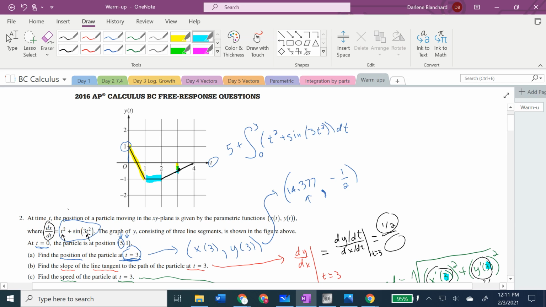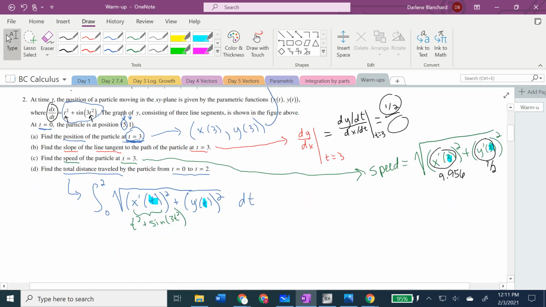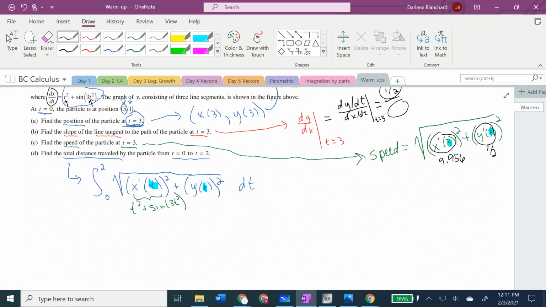That means you have to set up 2 separate integrals. You will do an integral from 0 to 1 and add to that an integral from 1 to 2.